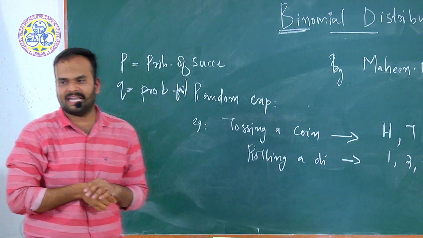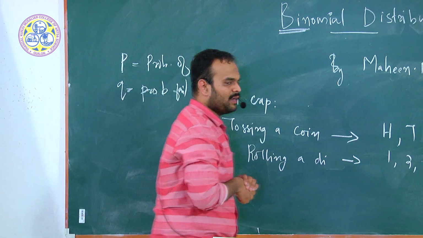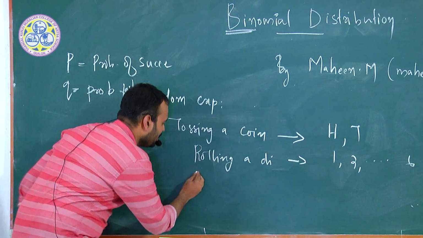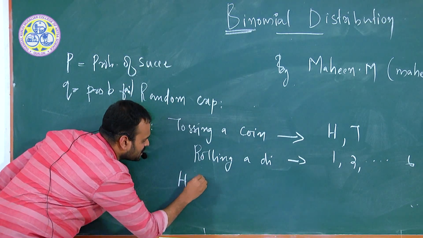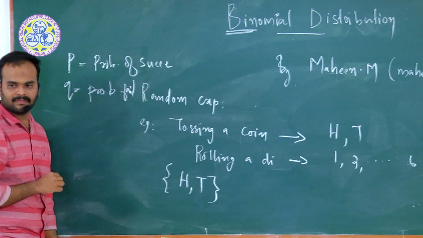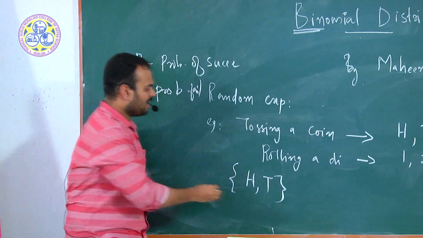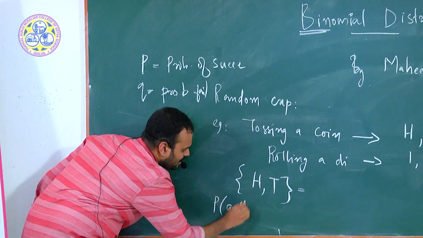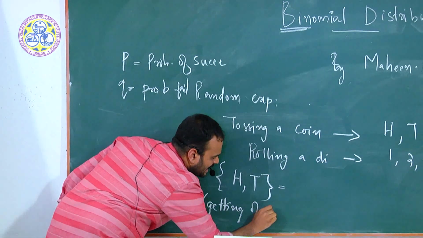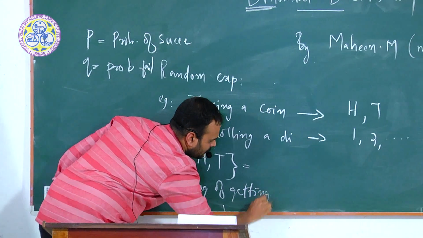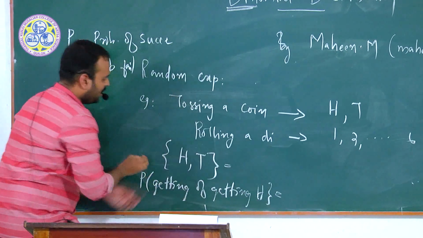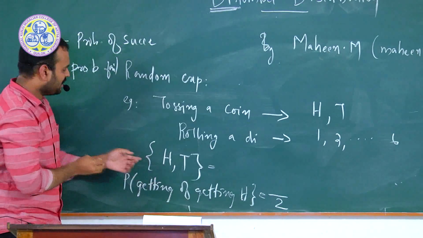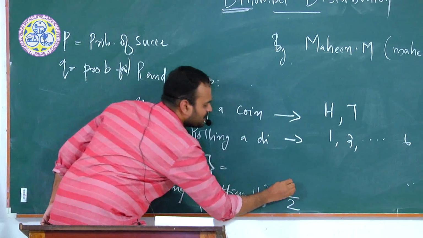Consider the same example, tossing a coin. You are tossing a coin and you want to get the head as your outcome. The expected outcomes are head and tail. The probability of getting head is equal to, here 2 outcomes are there, so the denominator is 2 and only 1 head is there, so you write 1.